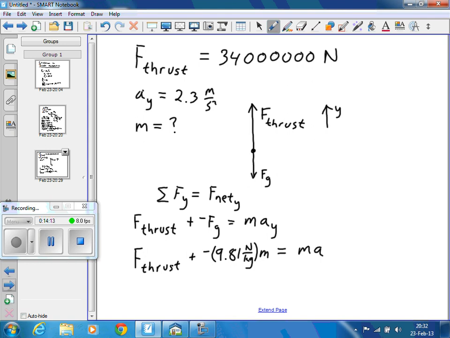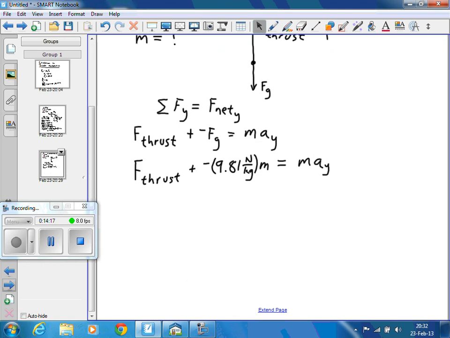And so I'm left with this equation. Now, if I'm solving for the mass, I need to get all the mass on one side of the equation. So in order to do that, I'm going to add the term in this equation that used to be the gravity force to the other side of the equation.